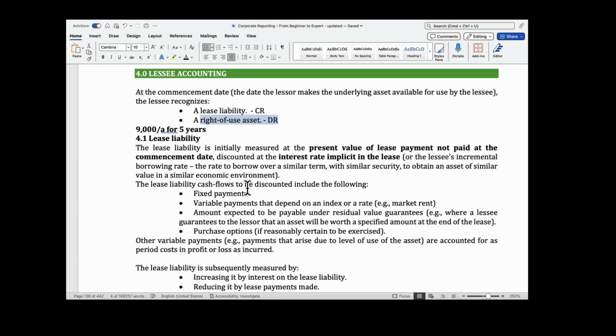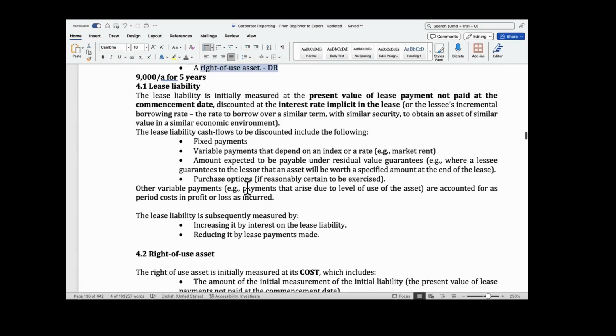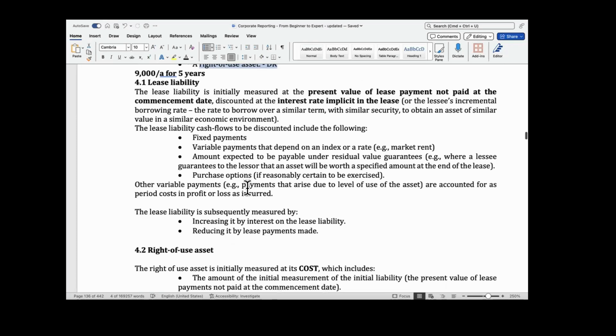The only thing is the rent that you are paying every year usually could be fixed, which is the scenario you would always find in your exams. But that does not mean that in real life there won't be variations.